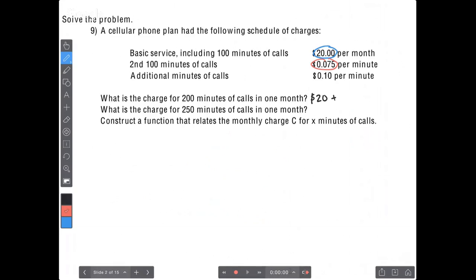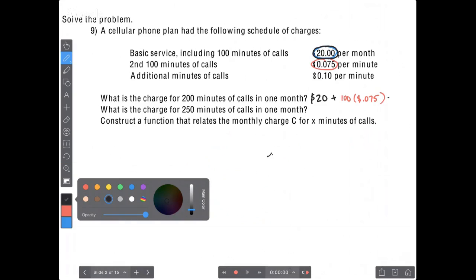Yes. So 100 minutes times 0.075, 7.5 cents, which all adds up to what? 100 at 7.5 cents is $7.50, so $27.50. Is that what you guys get?